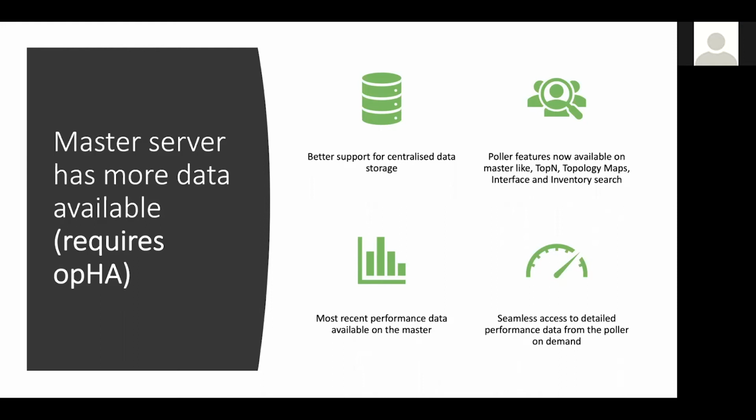There's a really subtle thing, and we'll go through that in a bit more detail in the schema. The most recent performance data is available on the master as well, and there's seamless access to the detailed performance data. So when you're using a master server with OPHA and you want to see that graph, we don't put all the detailed performance graph data onto the master. You click on a graph in the GUI, and the graph data is seamlessly coming from the Polar using an API.